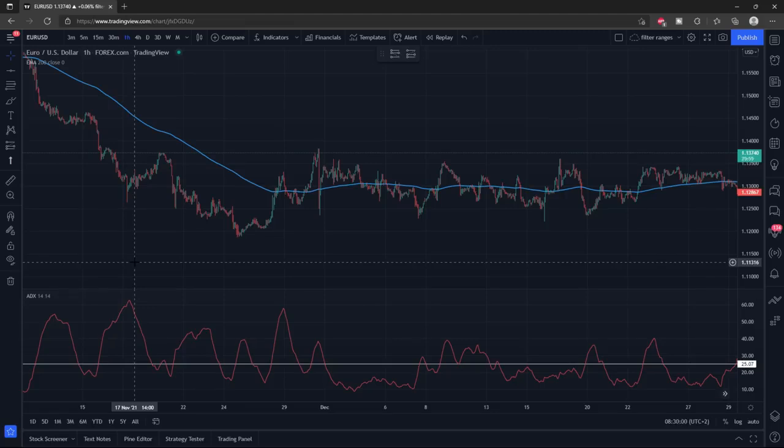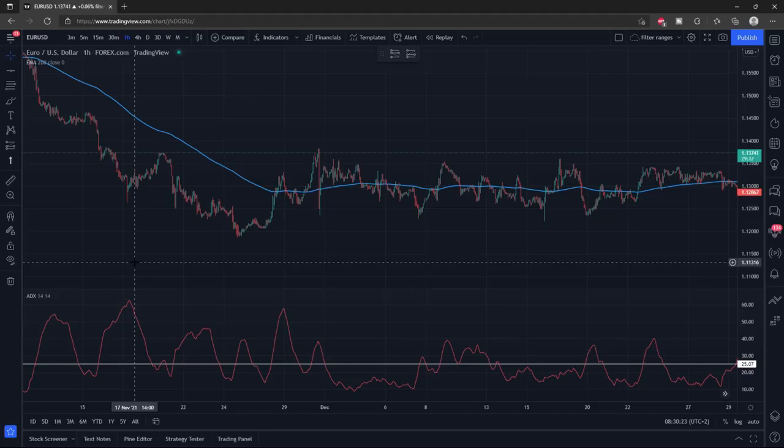The EMA approach is what has worked well for me, although there are a lot of traders out there who swear by the ADX as well, although personally it's not something that I use. All right, so those are the different ways that you can filter ranges and try your best to stay out of the choppy periods.